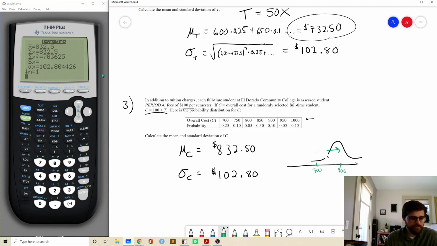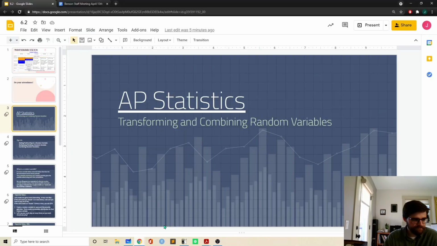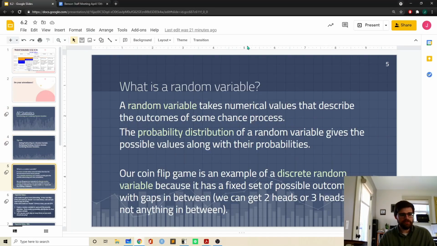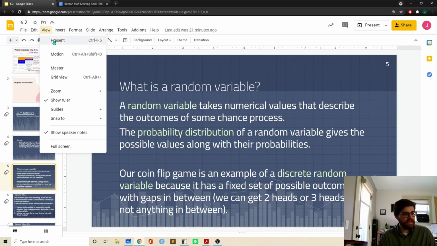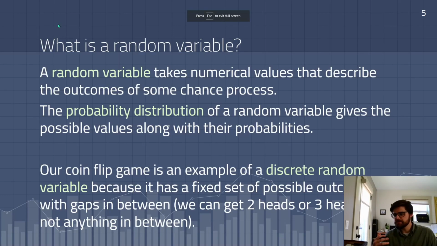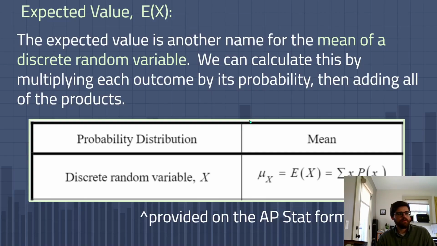Okay, so real quick, let's summarize what we just saw. So we know what a random variable is at this point. It's a variable that takes on values determined by some chance process, like choosing a random student or rolling a die. Expected value is the mean of a random variable.